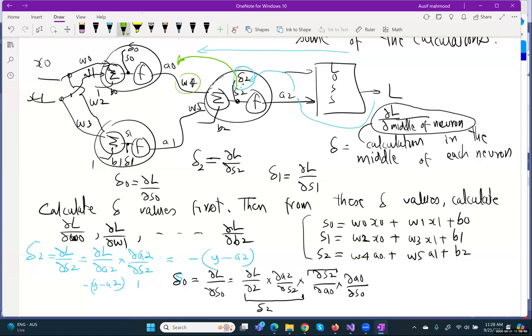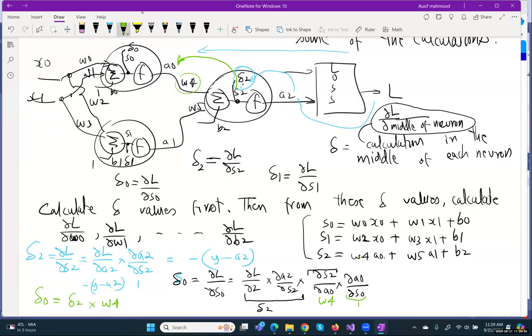Or now that you have seen the pattern, you can see that if I go back, whatever weight was multiplying it, that's what it will be. So in other words, this is W4, and this is 1 anyway. What I'm trying to say is delta 0 turns out to be delta 2 multiplied by W4. And why?